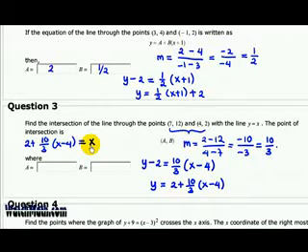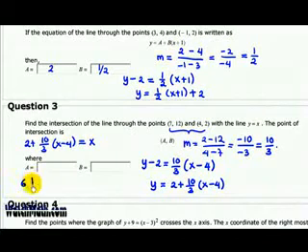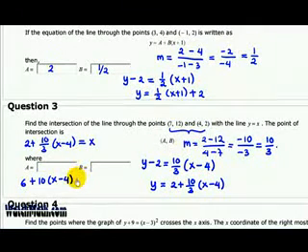Now what we need to do is just to solve for x. So we can multiply both sides by 3 to get 6 plus 10 times x minus 4 is equal to 3x.